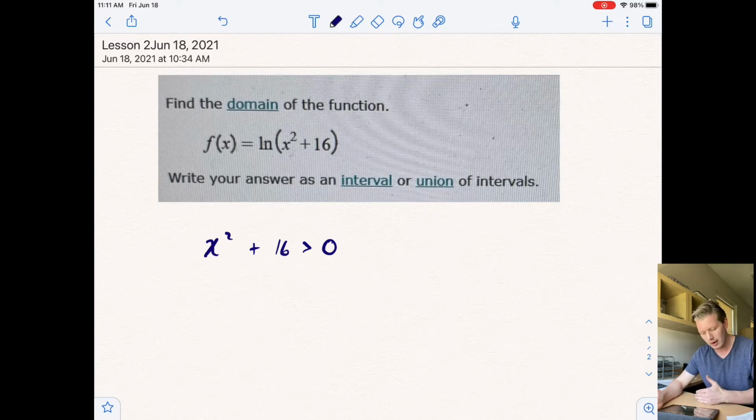So x squared is always greater than or equal to 0, and adding 16, x squared plus 16 taken together will always be greater than 0.